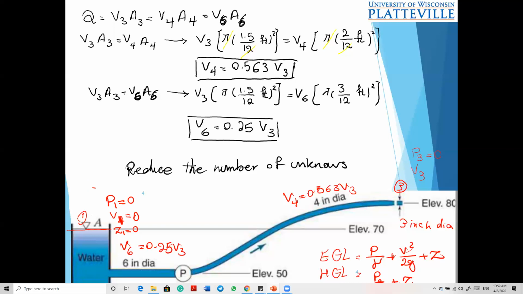P3 is 0 because it's open to atmosphere. Velocity at point 3, I don't know. Z3 is 10 feet, because here is 10 feet, here is 80 feet. Go ahead, stop the video, write the energy equation between point 1 and point 3, and see if you can find velocity.